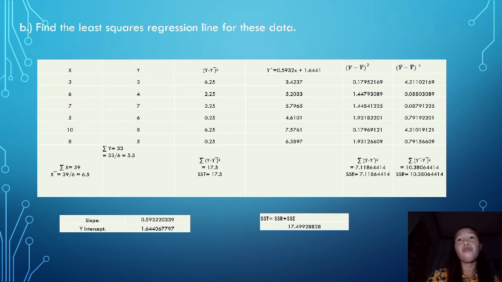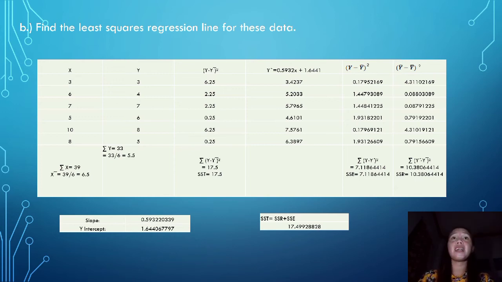Next formula is y hat equals 0.5932 times x plus 1.6441, and 0.5932 is the slope. So to come up with the slope, we use the formula in Excel: equals, write the word slope, open parentheses, then y, comma, then x, then close parentheses, then enter, and we come up with the result of the slope.